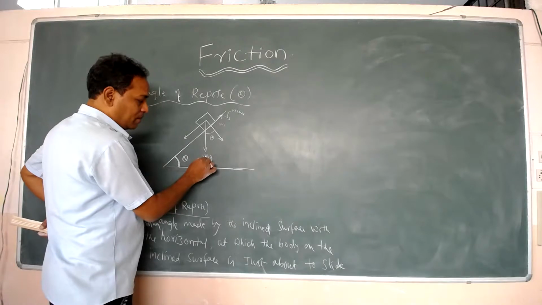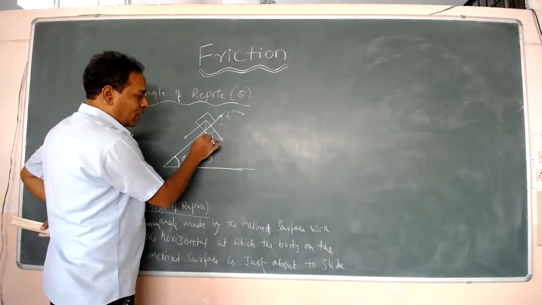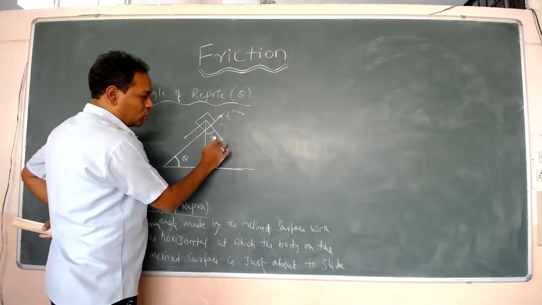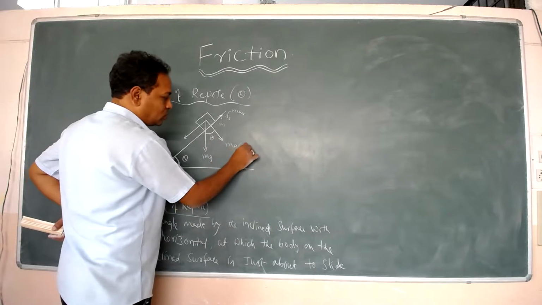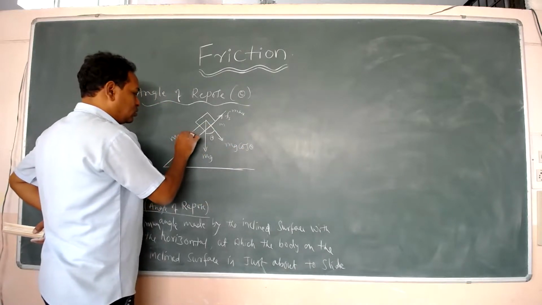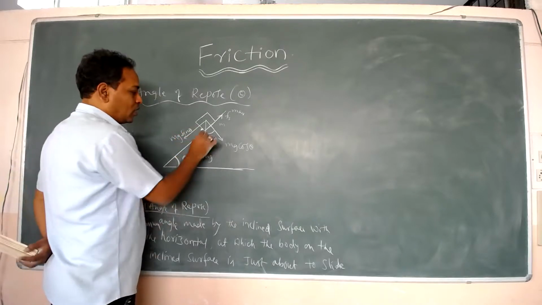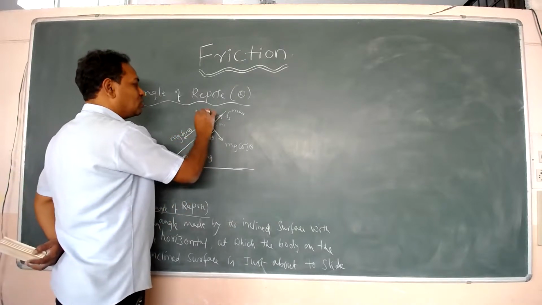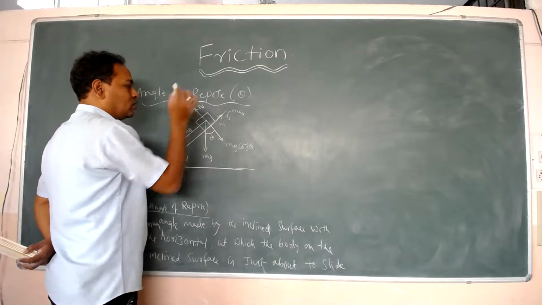So the components are mg cos theta, and another one, mg sin theta. And the normal reaction of the body will be in this direction, say that is N.